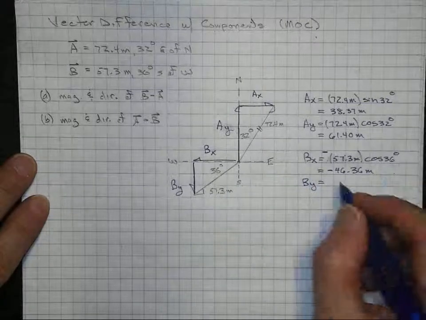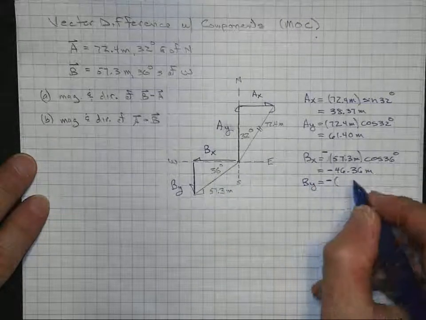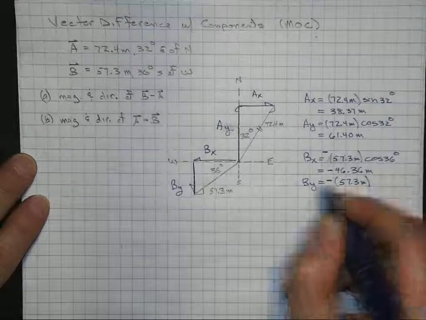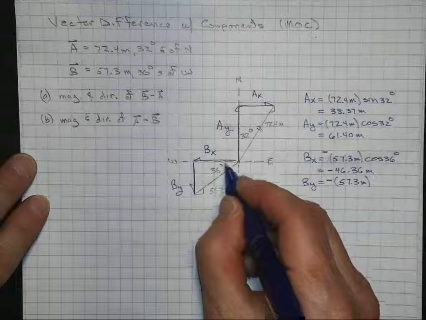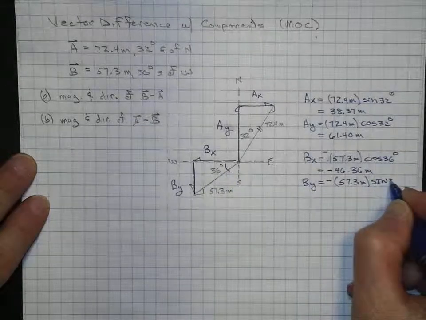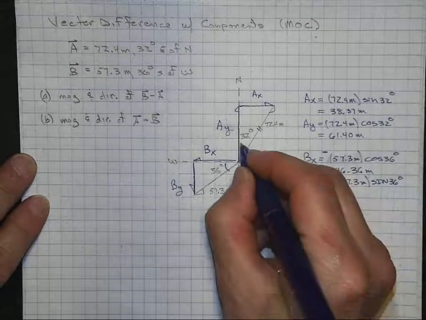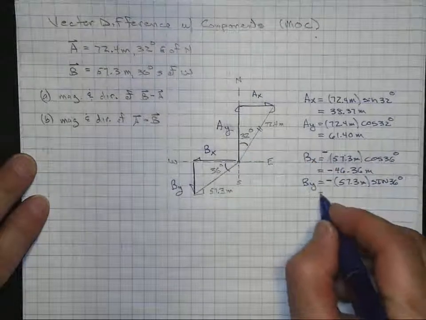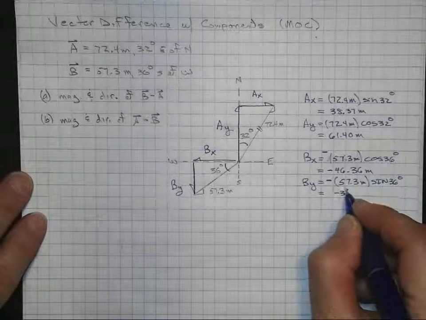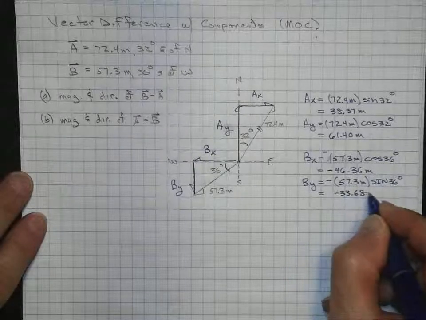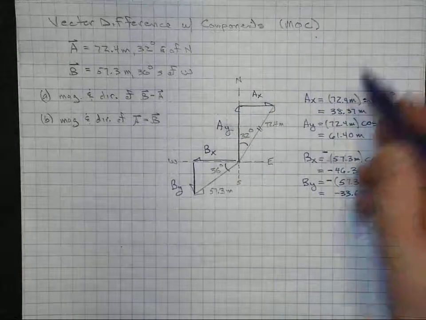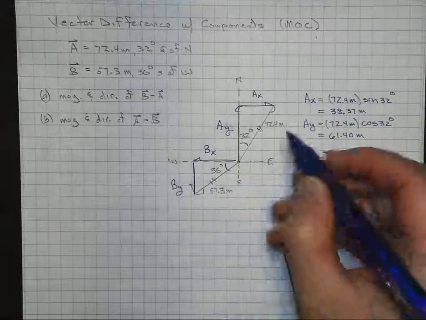It's going to be minus 57.3 meters, and that's opposite this angle of 36 degrees, so that's going to be the sine of 36 degrees, and that will work out to be minus 33.68 meters. So we have all the parts figured out, AX, AY, BX, BY, and we've replaced the original vectors with their perpendicular components.